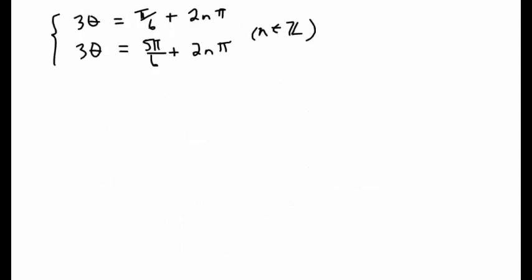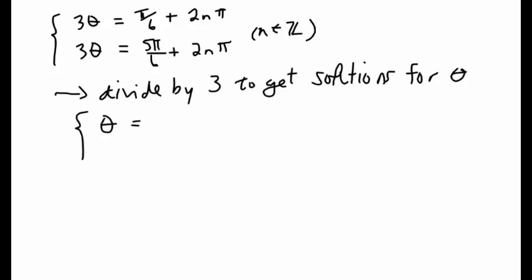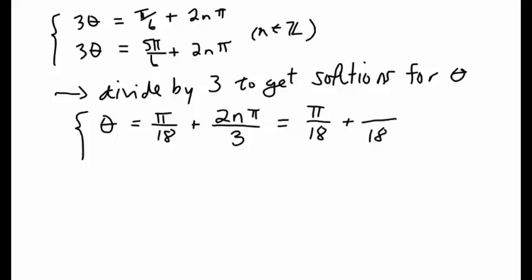Now that we know all solutions for 3 theta, what we're going to do is divide by 3. Dividing our first equation by 3, we're going to get pi over 18 plus 2 pi n over 3. And to make our next step go a little bit smoother, I'm going to rewrite this as pi over 18 plus 12n pi over 18.